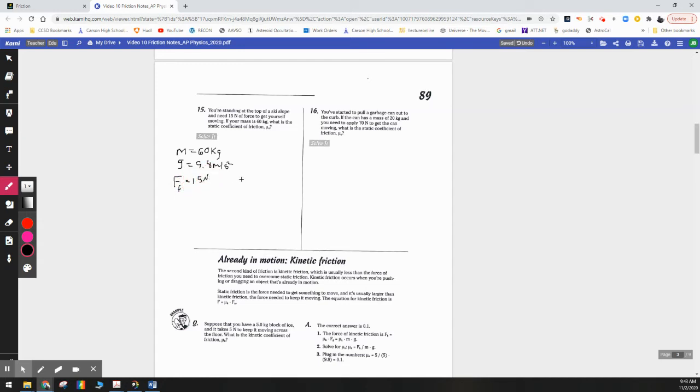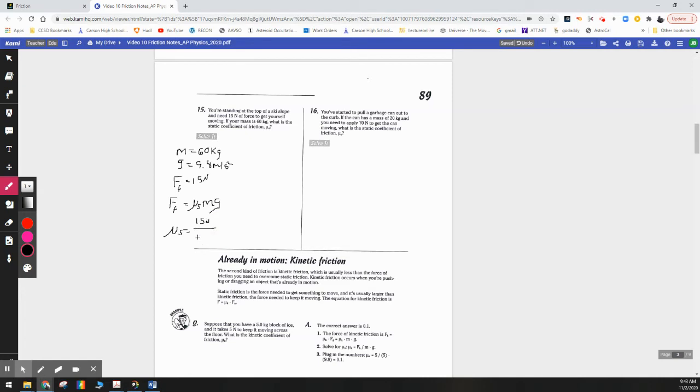And it asks you what is the static coefficient of friction. So going to our equation here, here's the force of friction, which is equal to mu static times mg, and I'm going to solve for mu static, and it's going to be the force of friction, which is 15 newtons here, right?